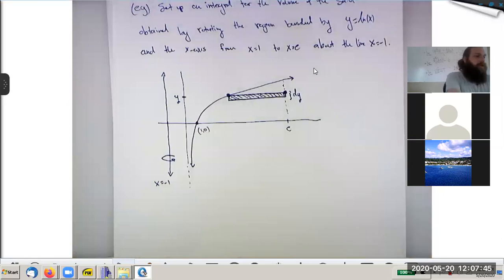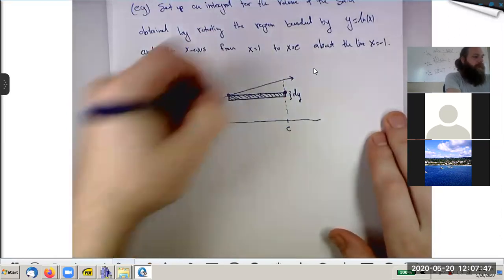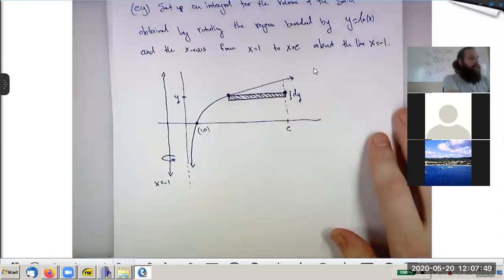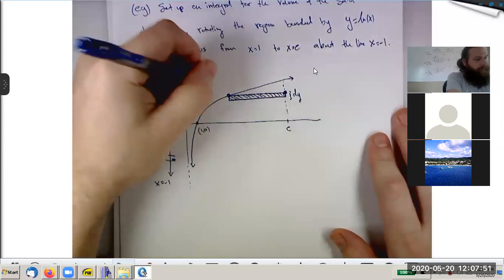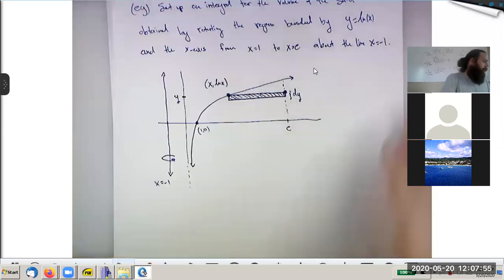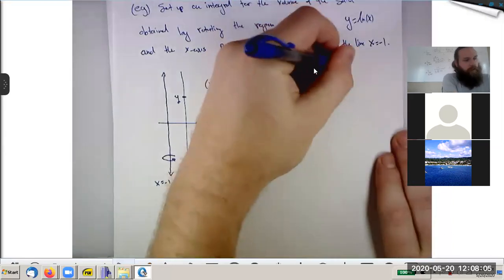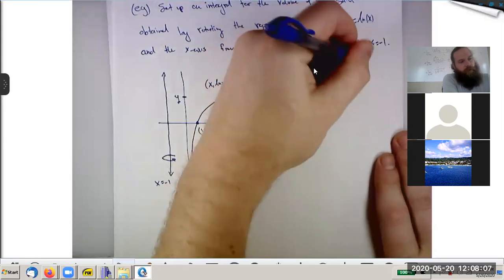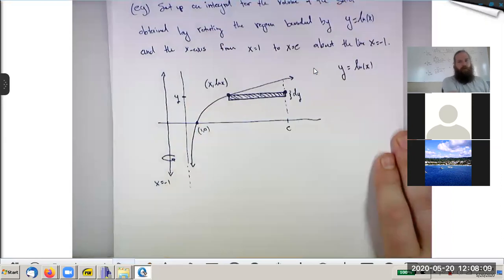So normally I would think of a point along the graph y equals ln x as (x, ln x), right, just like we were saying a second ago. However, I need this point characterized in terms of y. And the trick to doing that is to solve the equation y equals ln x for x.